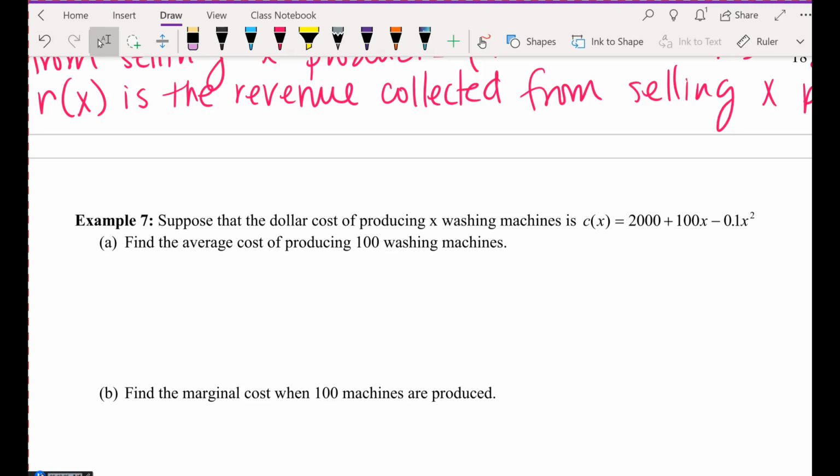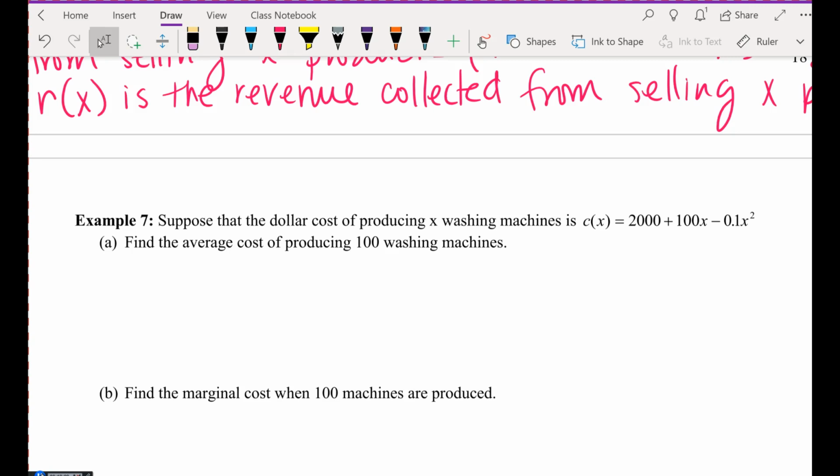If I said find the cost for producing 100 machines, what would you do? Plug in 100. But I said I want to find the average cost. What would you do after you plug in 100? Divide by 100. Would you agree? Okay, so the average cost of producing 100 is the cost of all 100 divided by 100. Does that make sense how that goes?